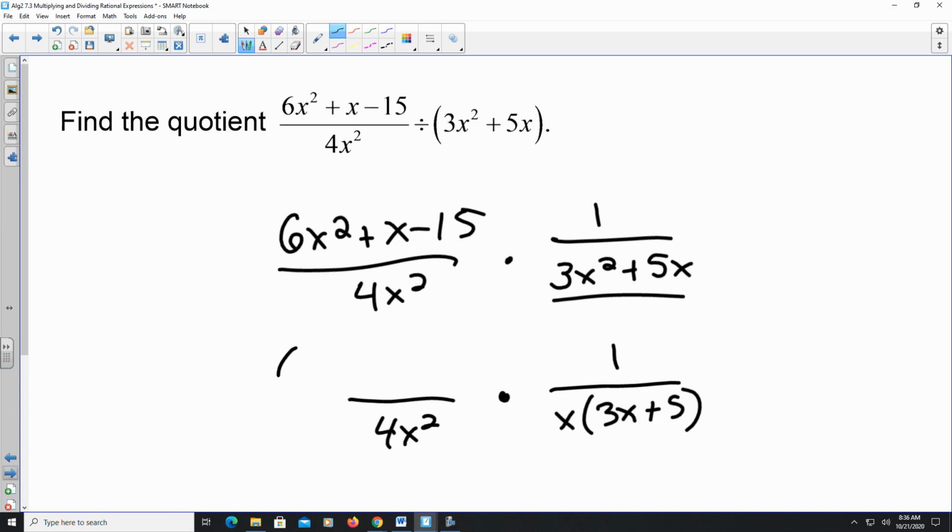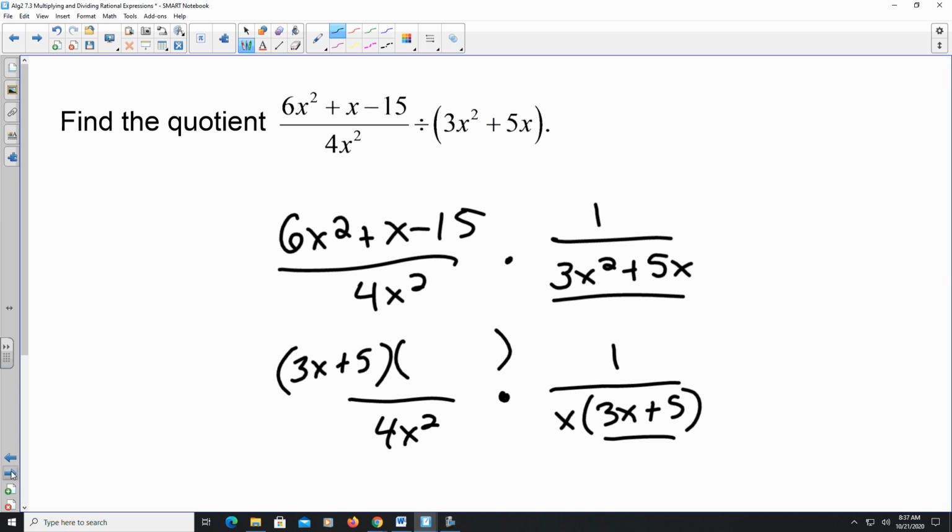Well, when I come to factor this, I know that the signs are going to be different. I know that the product of the two numbers in front is going to be 6, and the values in the last terms are going to give me a product of 15. But because I have this 3x plus 5, I am going to make an educated guess and say that 3x plus 5 is going to get canceled out. So with that hypothesis, 3x plus 5 is going to be one set of parentheses.